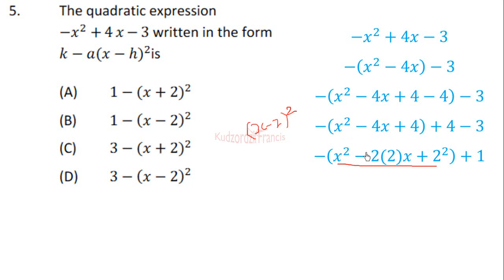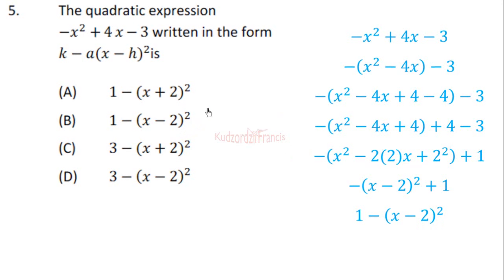You can see the middle term is double both of these. So that is the property of a perfect square trinomial. So we do that to get x minus 2 all squared plus 1, and this is the same as 1 minus x minus 2 all squared. So the correct answer will be this option B. Why are we getting B? So let's move on to the next one.